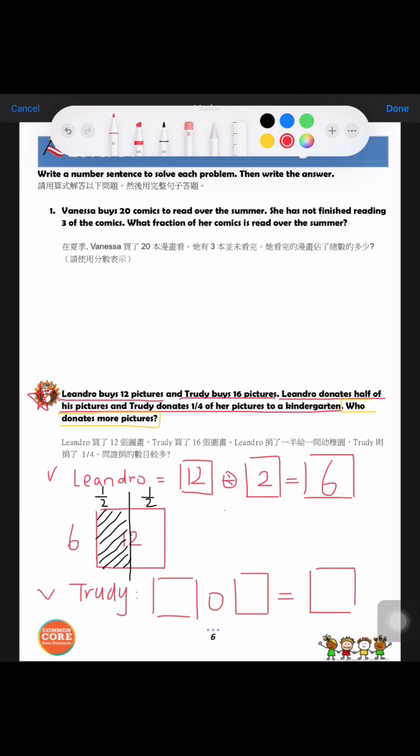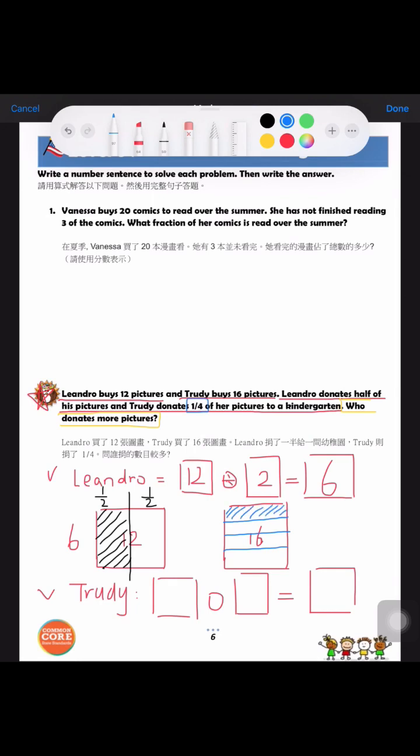How about Jo? Jo buys 16 pictures. And she donates 1/4 of her pictures to the kindergarten. That means we need to split 16 into 4 parts. So 16 split into 4 parts.